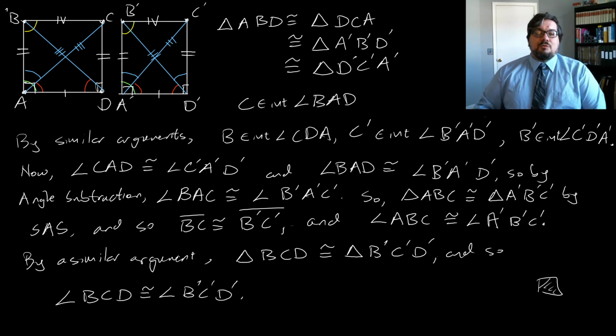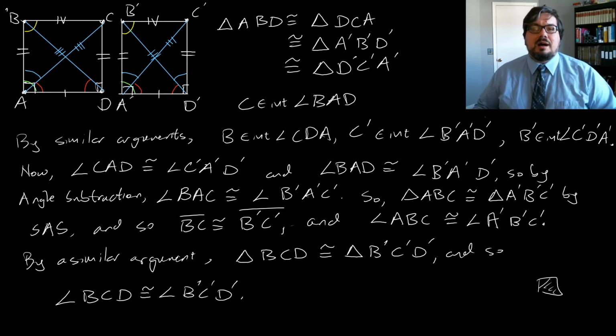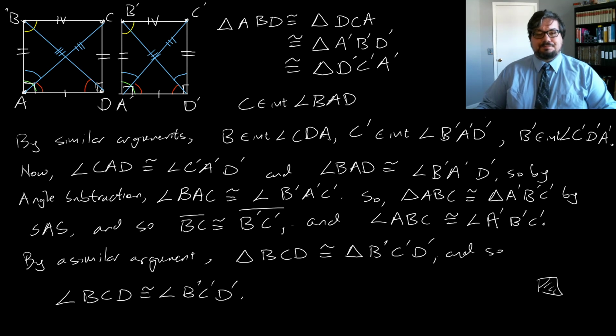So if we've got two Saccheri quadrilaterals, we know that their lower bases are congruent and then one of their sides are congruent, then pairs of sides are congruent, then we get congruence of basically everything else that we can measure about the two quadrilaterals.